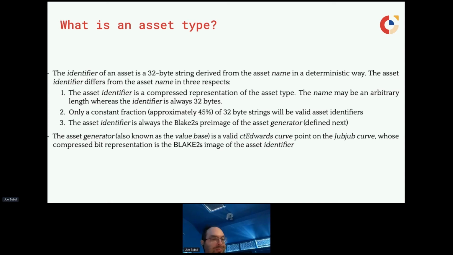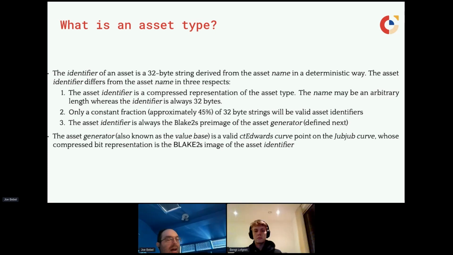However, we do have this second and third requirement, which are related: not every 32-byte string will be a valid asset identifier. This is for a technical reason. It doesn't have to necessarily be this way, but we do this on purpose.